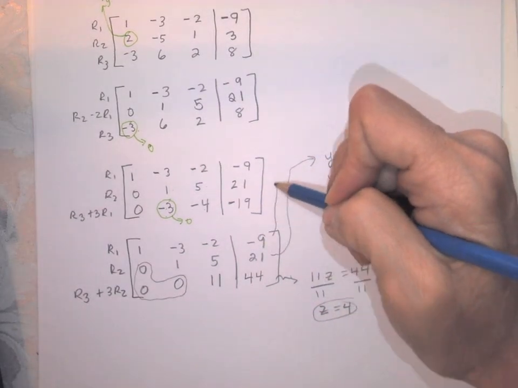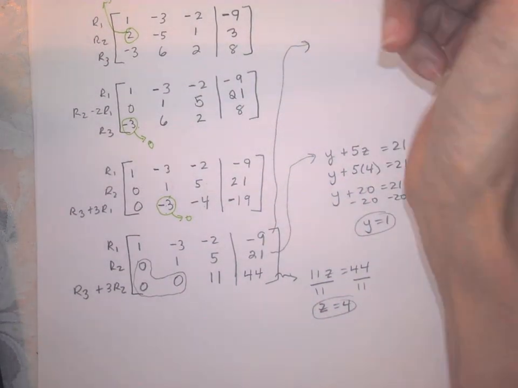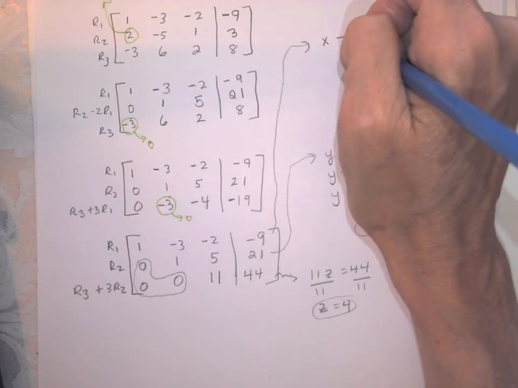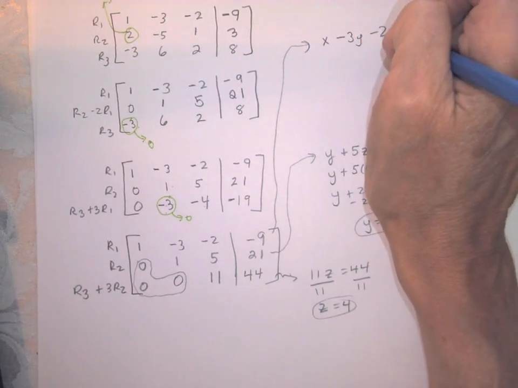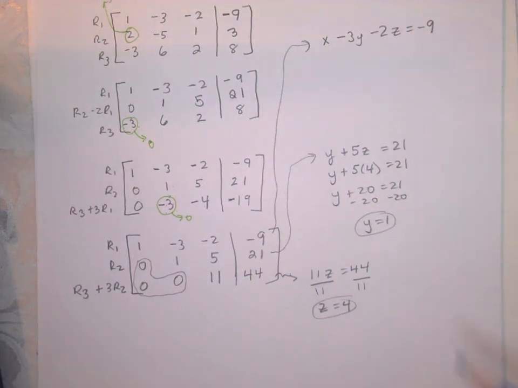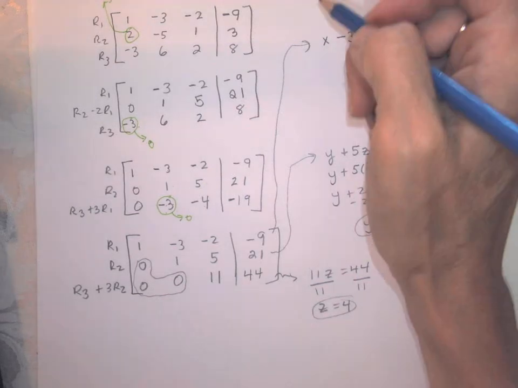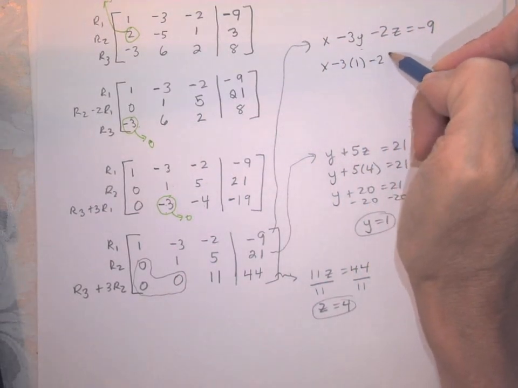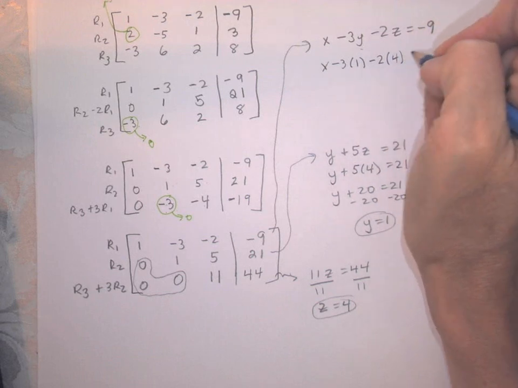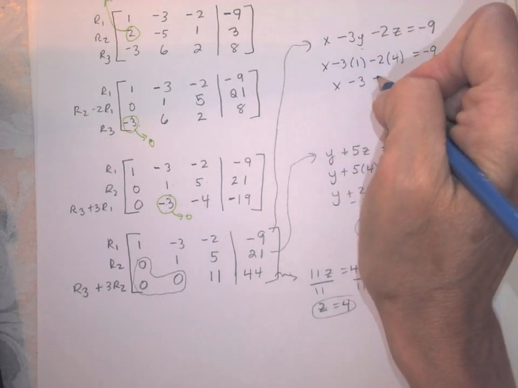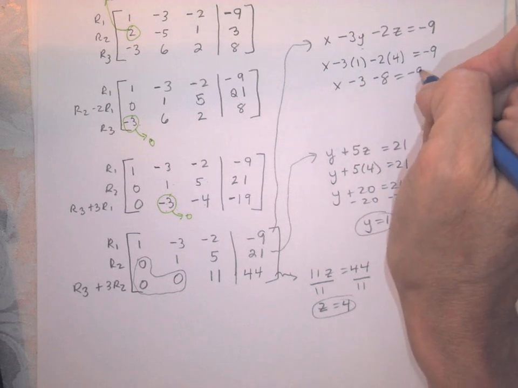Now I'm going to read the first row, which tells me x minus 3y minus 2z equals negative 9. But I can replace y with 1 and z with 4. So x minus 3 times 1 minus 2 times 4 equals -9. So x minus 3 minus 8 equals -9.